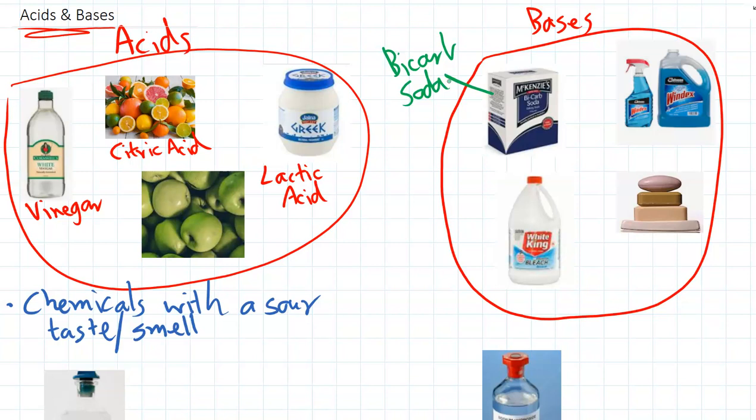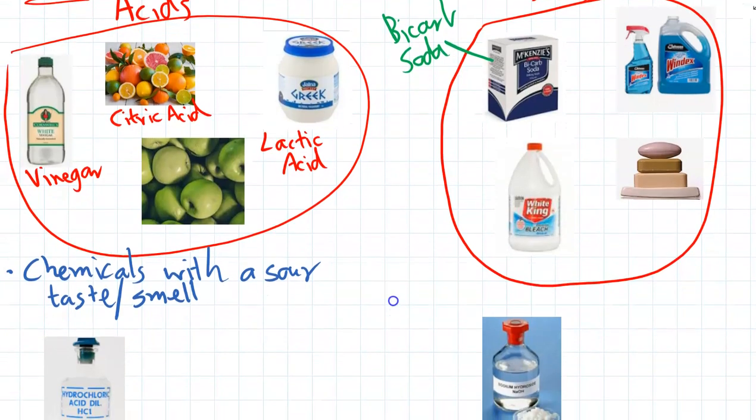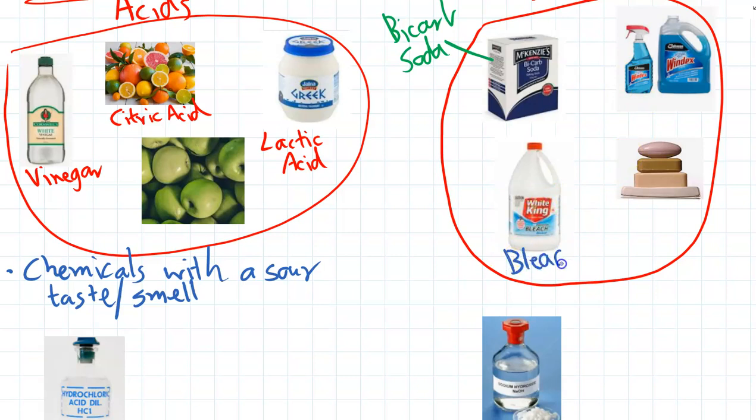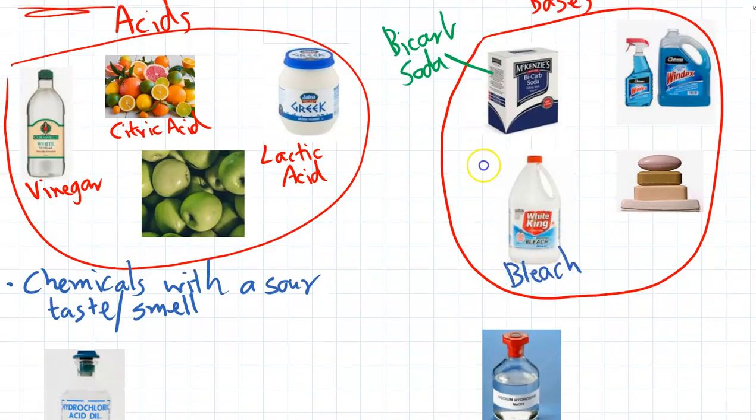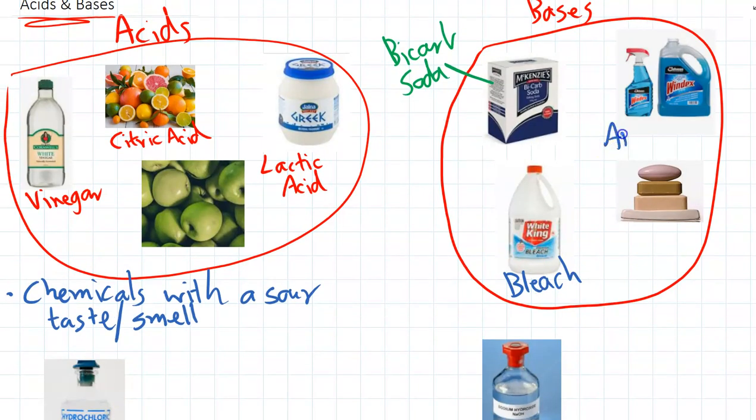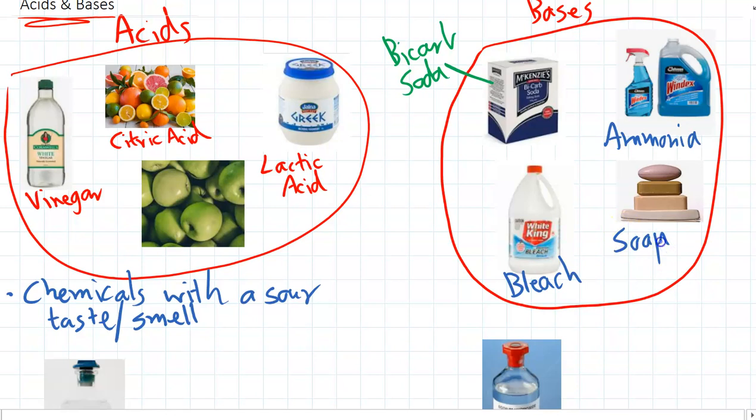But most other bases aren't edible at all, and particularly they're used in cleaning products here. Like bleach. So bleach has a really strong base in it. Another base is called ammonia, and that's in cleaning products like Windex. And soap as well has a basic chemical in it.